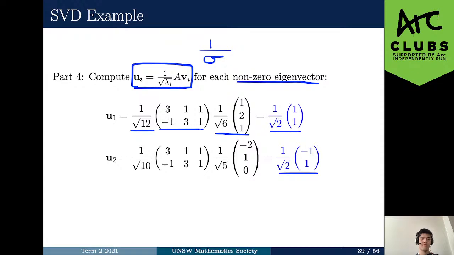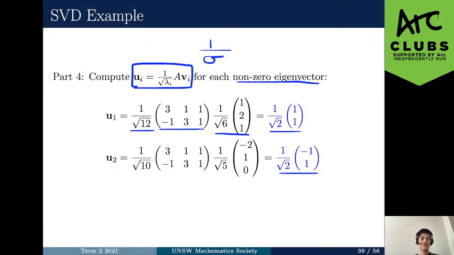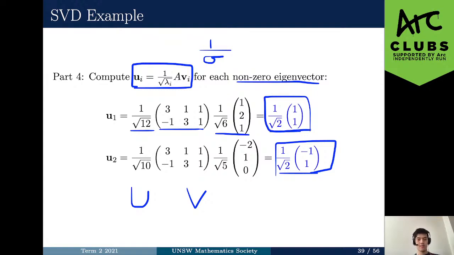And remember, the whole point of this SVD decomposition is that the matrix U and the matrix V should be unitary matrices. So once you get these values for U, just to sanity check your answer, you should make sure that these 2 vectors are actually orthonormal. Obviously, they both have a length of 1.